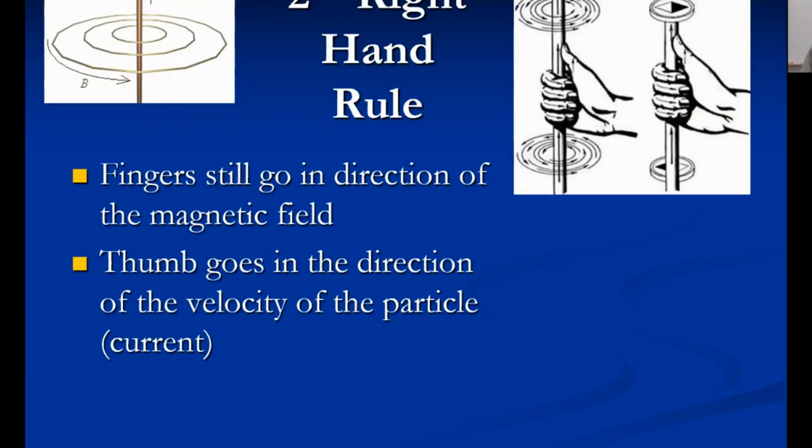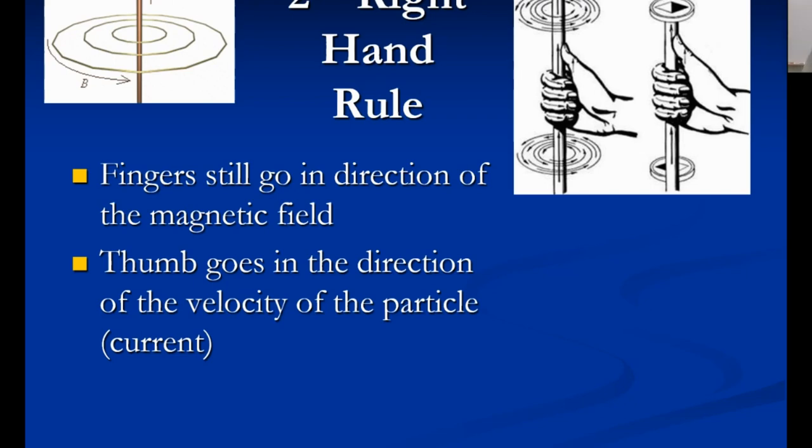Now, if you remember in the last video, we talked about the first right-hand rule, which we are going to practice a little bit more tomorrow. In that first right-hand rule, we talked about a charge that's being shot into a magnetic field. So we used our fingers field, thumb velocity, palm force, like you're pushing on it or someone's pushing on you. Well, in the second right-hand rule, it is way, way, way easier.